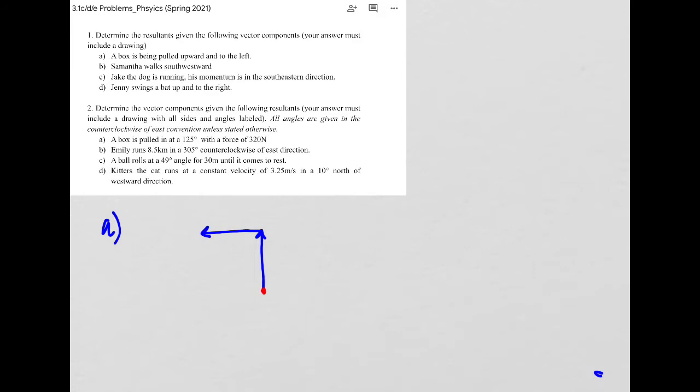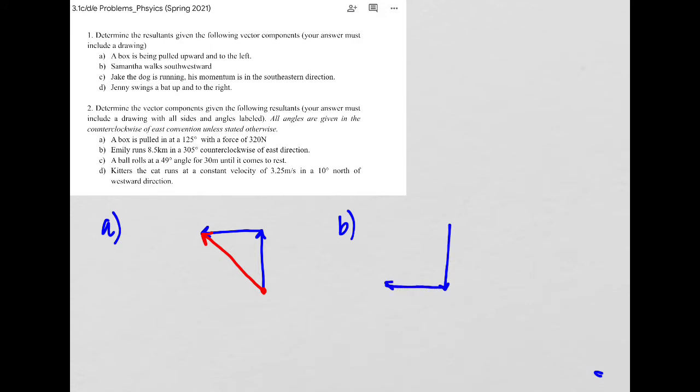Well, the resultant starts at the tail of the first vector and it ends at the arrow, or the head, of the last vector. So this is the correct answer there for A. For B, it says Samantha walks southwestward. I didn't write this question super great.